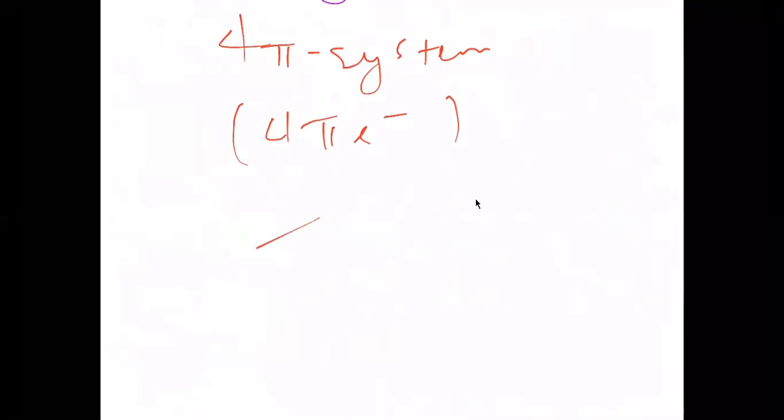So if we have a 4-pi system, what that means is that there are 4 pi electrons, right? So a 4-pi system, one way to express it would be to show just a simple conjugated diene. Right? And each one of these alkenes in the diene is going to have 2 p orbitals.